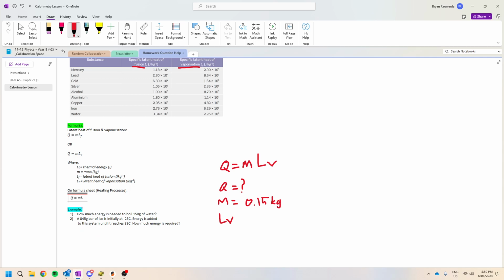Okay, and because it's water, just look at the water table, and we look at vaporization, which is here, so it's 2.26 times 10 to the 6.